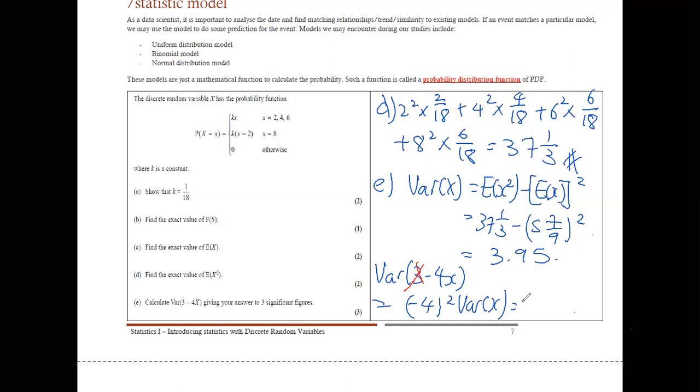This will be 16 times 3.95, which is 63.2. All right. Okay, can. So everything is the same. The formula is the same. It's just that instead of presenting in raw data, I give it in terms of a function. Okay, good.